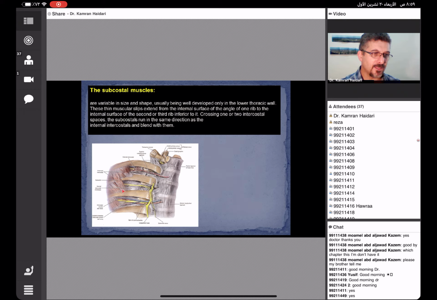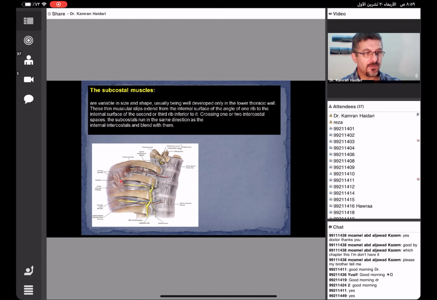Angle of the rib, this muscle, subcostal. This is innermost intercostal. At the place of the costal angle, this muscle arises from the internal surface of a rib and attaches to the next two ribs, internal surface of the next two ribs.